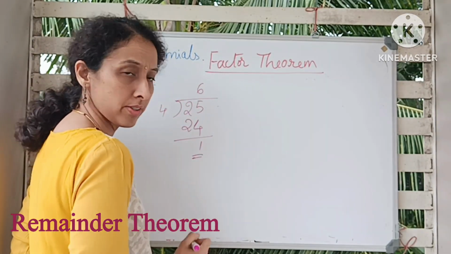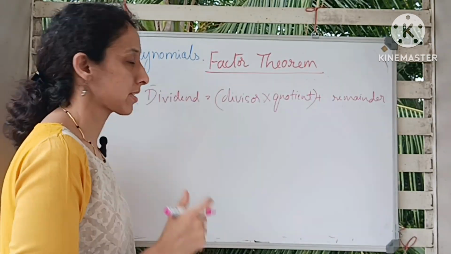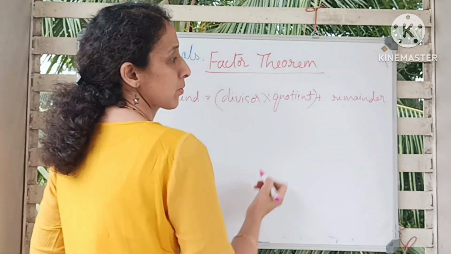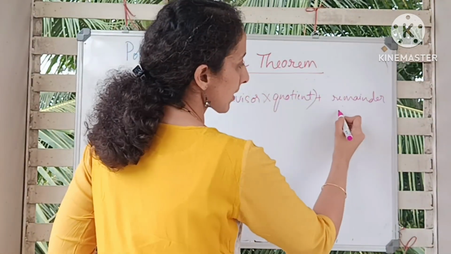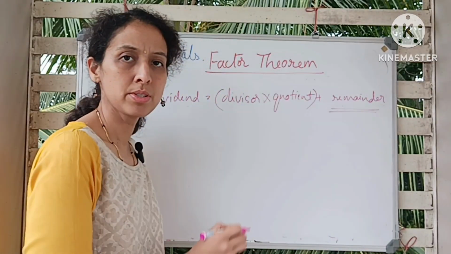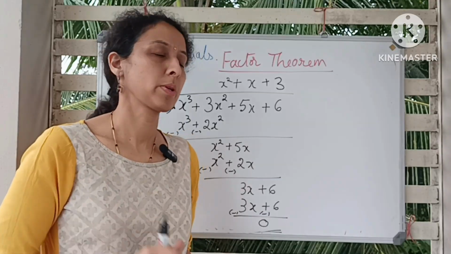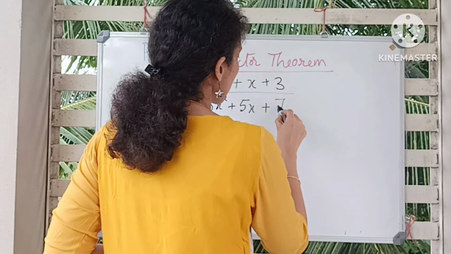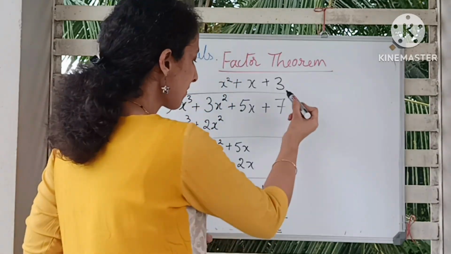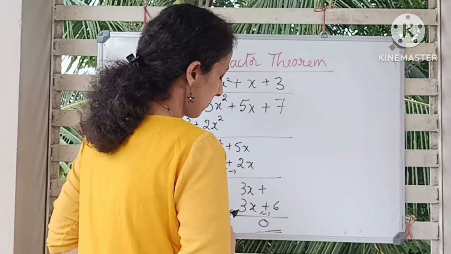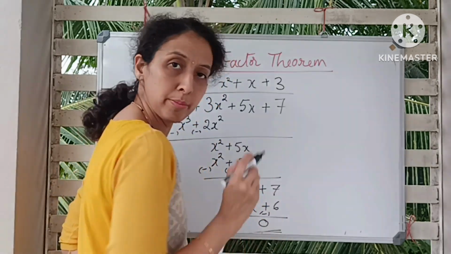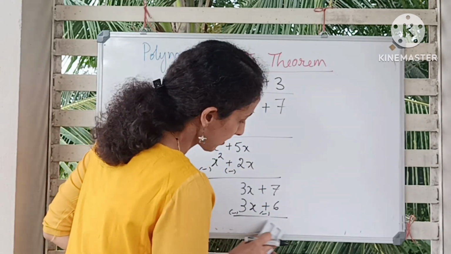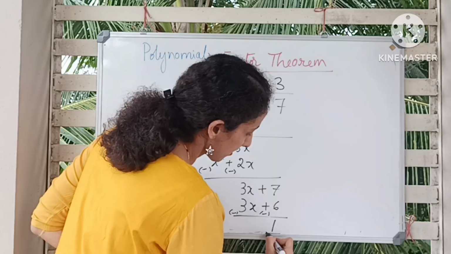Here we have dividend equal to divisor into quotient plus the remainder. This remainder becomes non-zero. In the same problem, what if I had not 6 but 7 here? Then the remainder won't be 0, it will be 1.